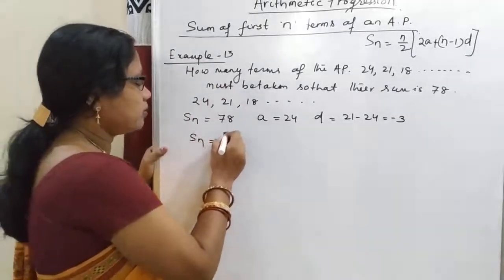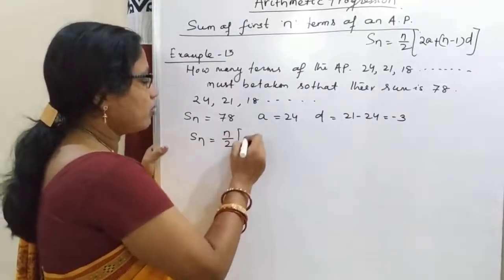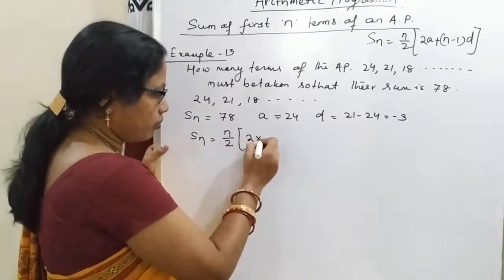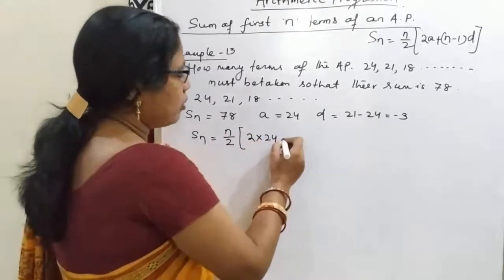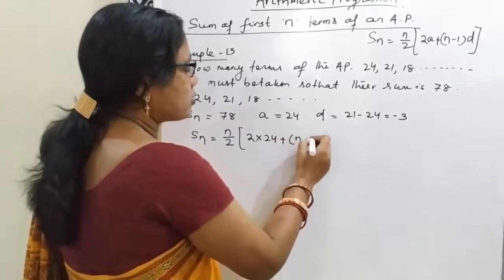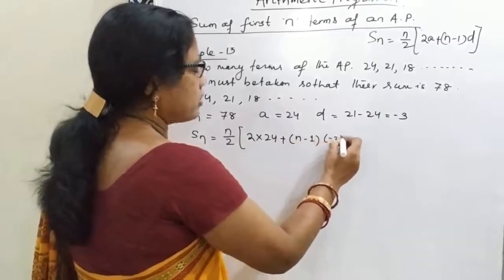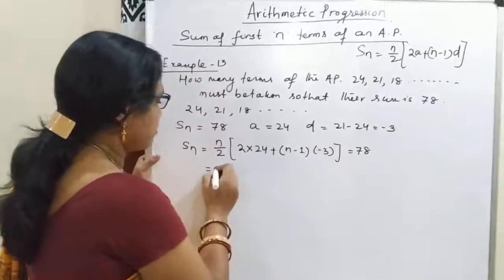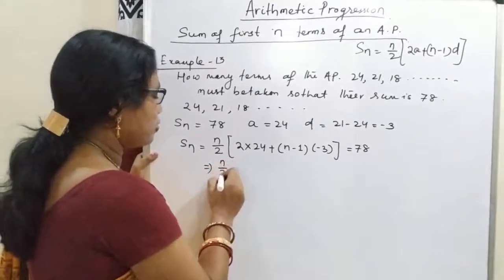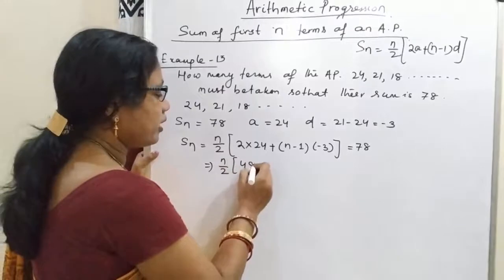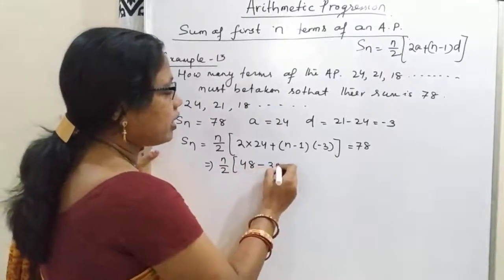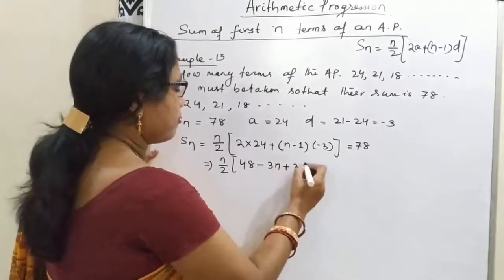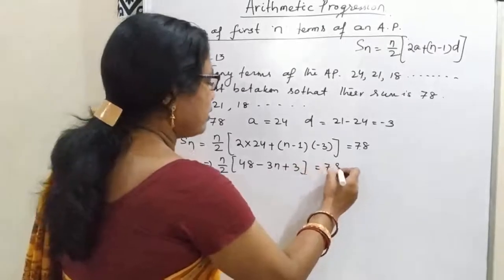So what is Sn? Sn is equal to n by 2 whole into 2a, 2 multiplied with 24 plus n minus 1 whole into minus 3 is equal to 78. So this implies n by 2 whole into 48 minus 3n plus 3 is equal to 78.